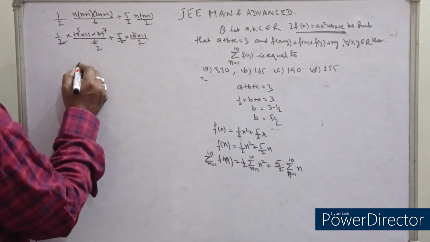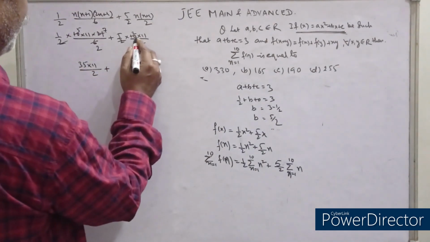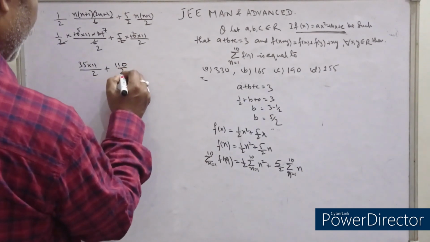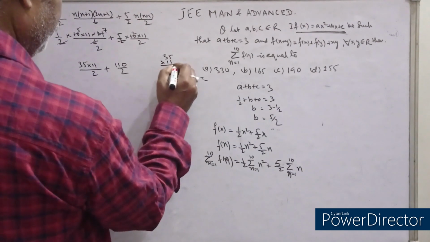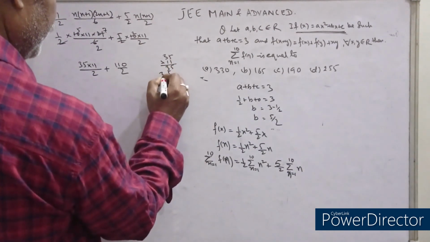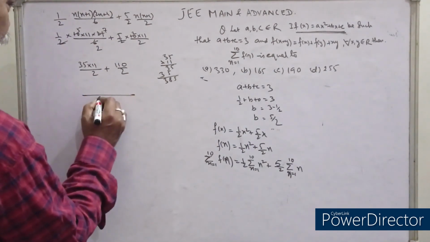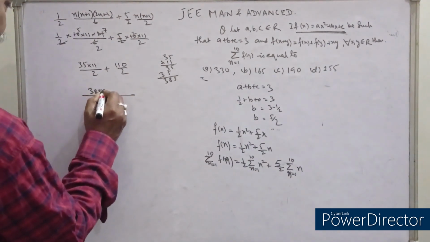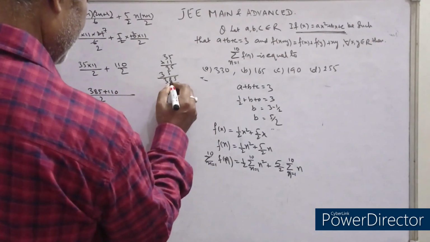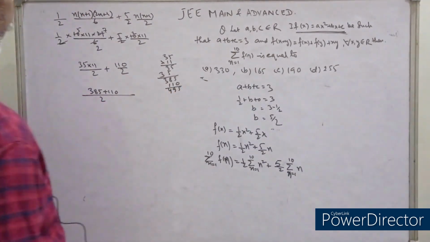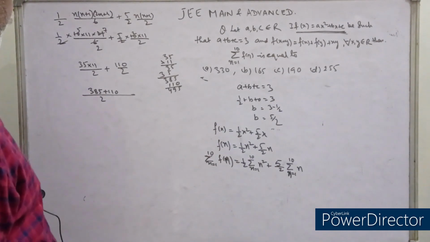So here this will be 35 into 11 by 2 plus 10, 110 by 2. Now 35 into 11 is 385, plus 110 is 495.